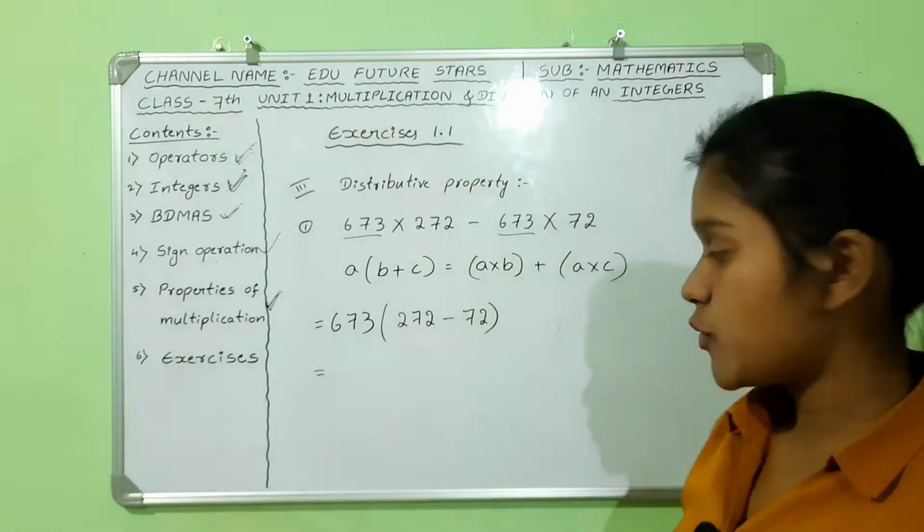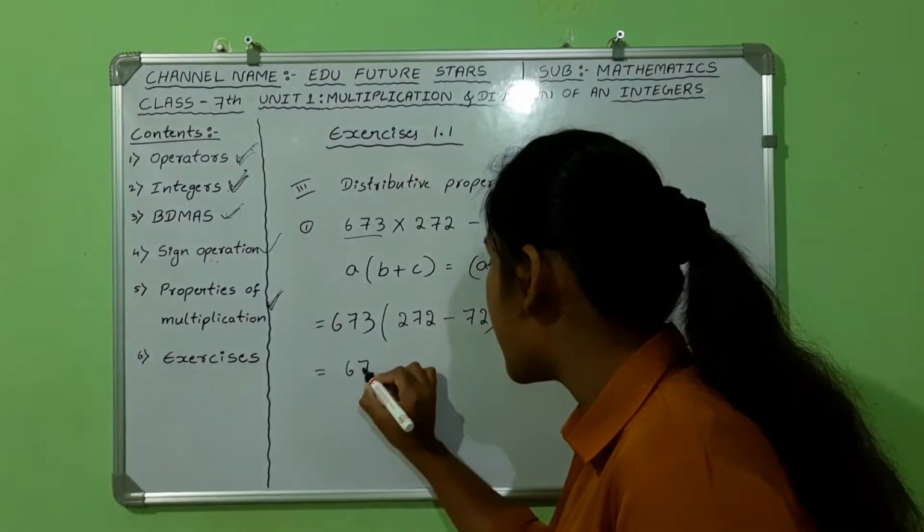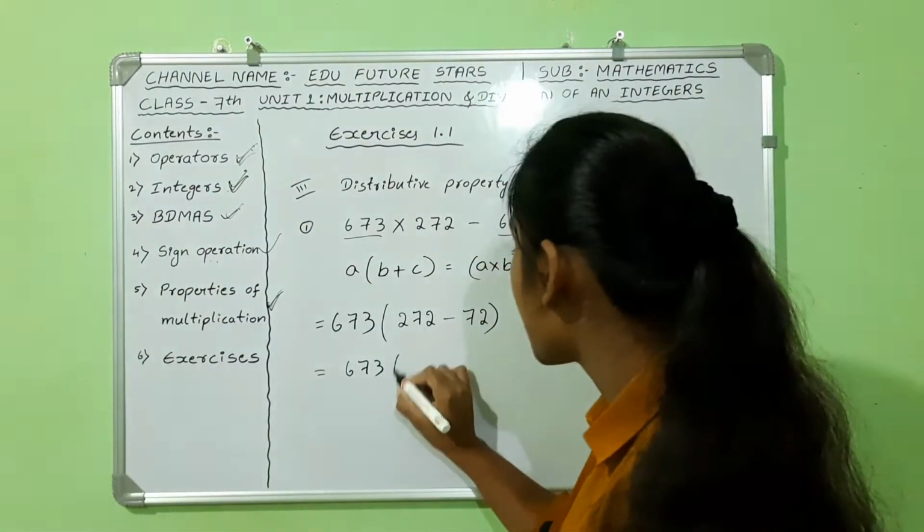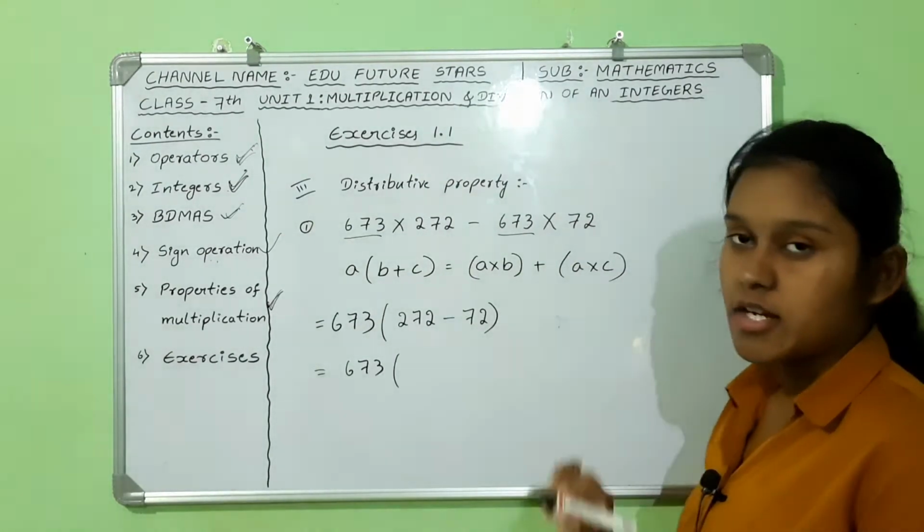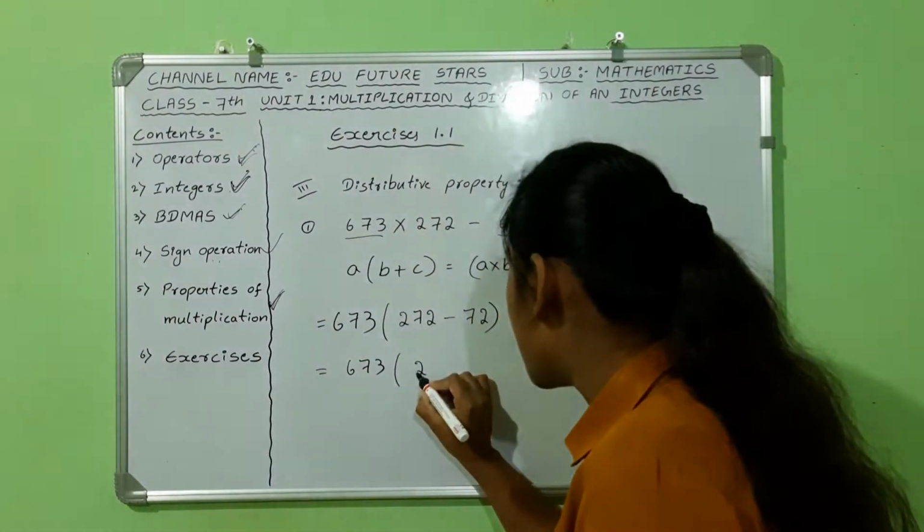Now let's simplify these two. 673 as it is. 272 minus 72, which gives 200.